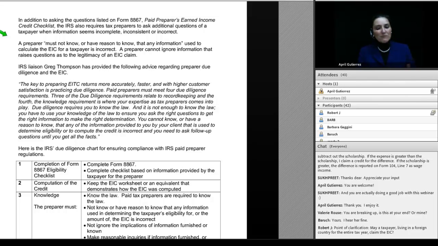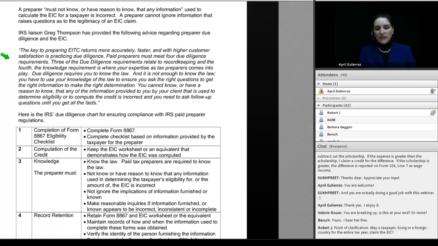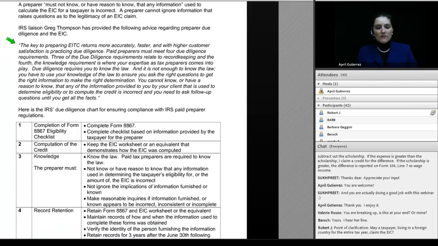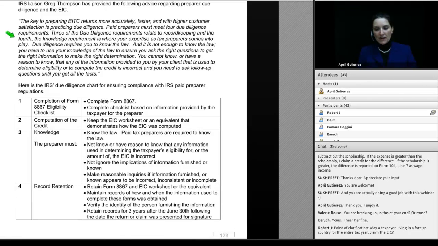Okay, so a preparer must not know or have reason to know that any information used to calculate the EIC for a taxpayer is incorrect. A preparer cannot ignore information that raises questions as to the legitimacy of the EIC claim. Now, a year ago, one of the staff in our office attended an IRS seminar where a man named Greg Thompson spoke on behalf of the IRS, and he had this advice.